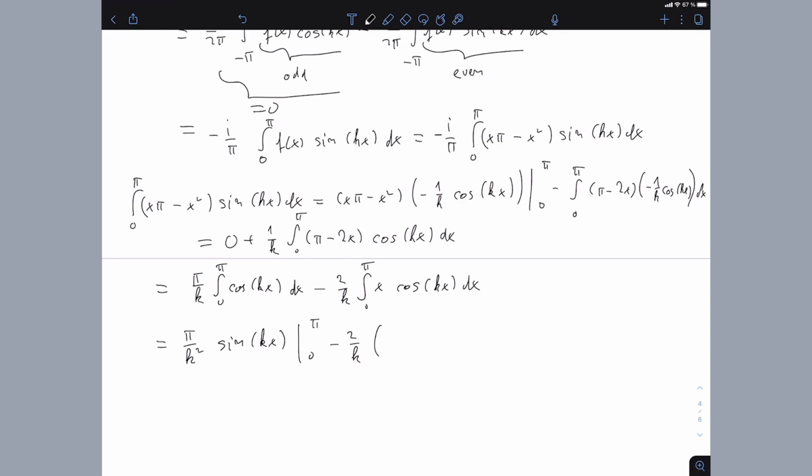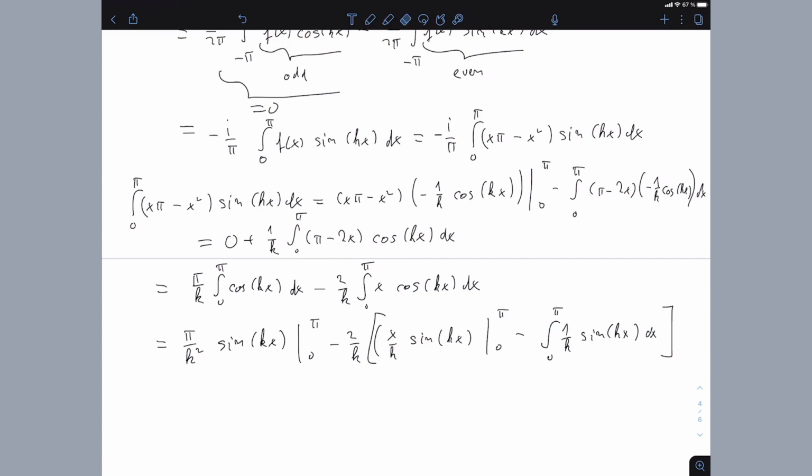Here we do integration by parts again. x we keep, and the integral of cosine kx is 1 over k sine kx. Bounds are 0 and pi, minus the integral from 0 to pi. The derivative of x is 1, and the integral of the cosine again is 1 over k sine kx.